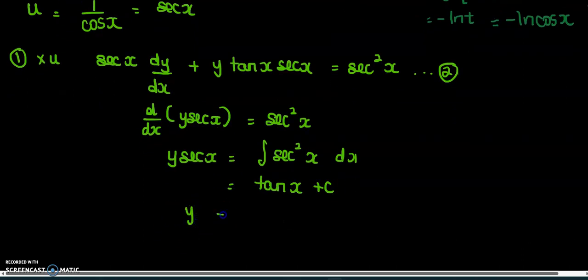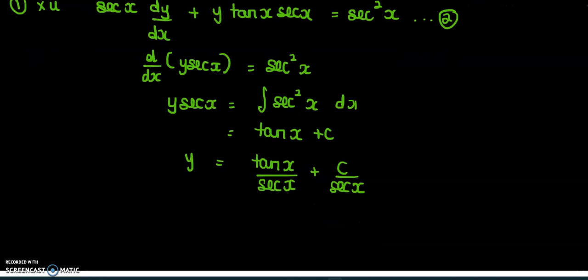So y is going to be equal to tan x on sec x plus c on sec x. And when we simplify, this is just going to be sin x plus c cos x.